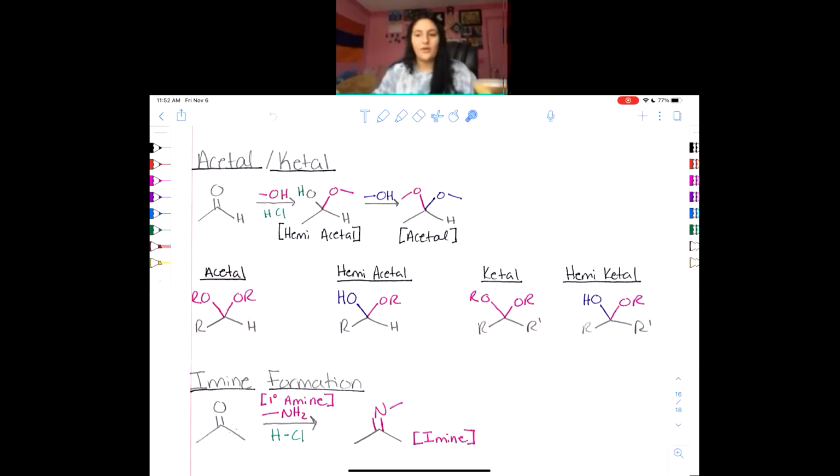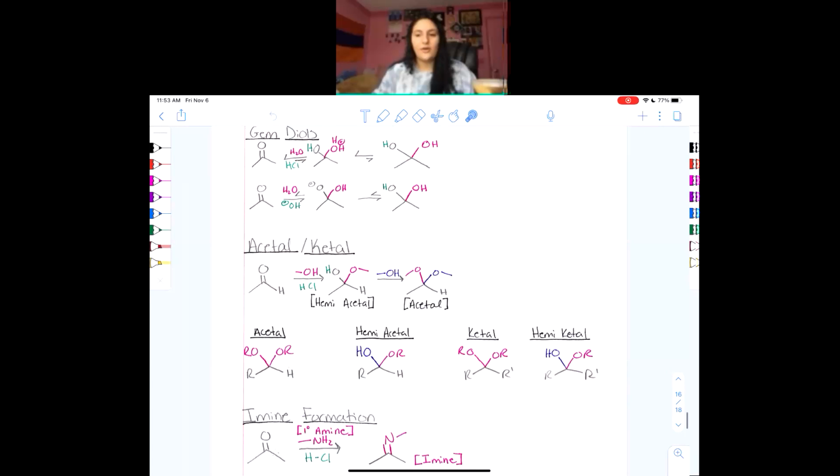And someone said, do they favor any point at equilibrium? In this case, no. If there is any kind of favoring, I will let you guys know, like in the case of the gem diol, where it favored one side over the other. For the most part, all of them are equal, besides the gem diol.